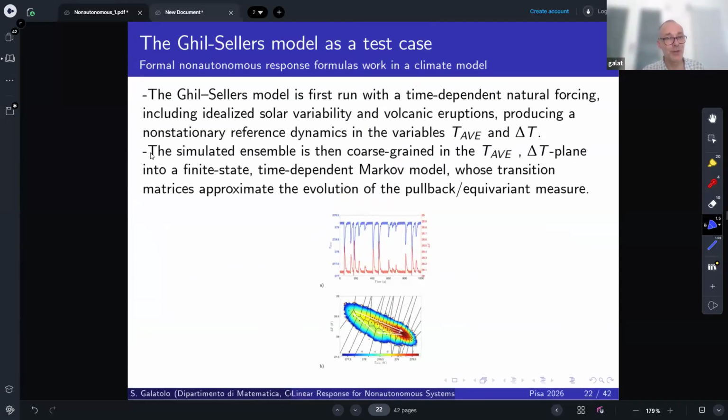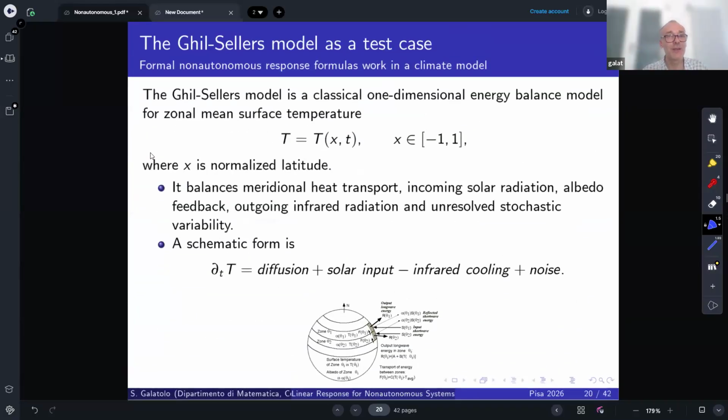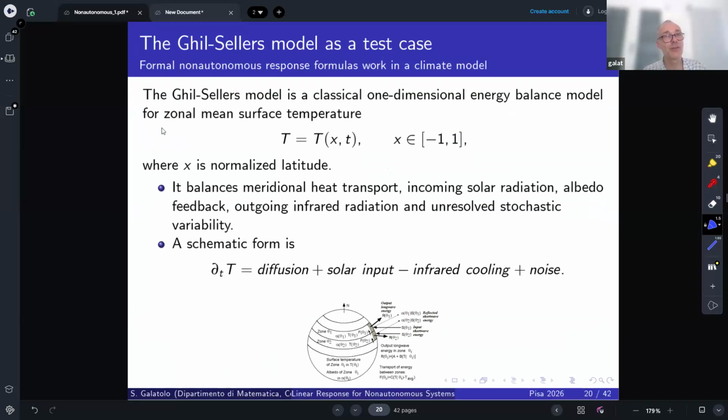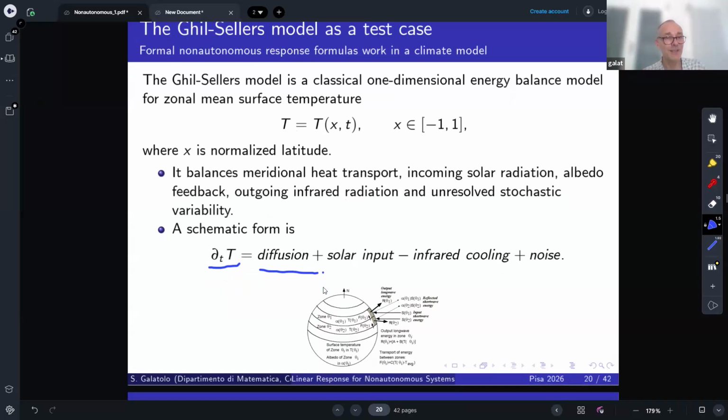Just let me say that when Valerio proposed his formula, he also tested the validity of the formula on climate evolution models. Now I have not the time to discuss this, but there is this Gill-Sellers model, that is a kind of energy balance model that gives you a model of how the temperature can vary in different latitudes, putting inside the model the solar radiation, the infrared cooling, the unresolved scales. So it's a simplified model that has some practical meaning.